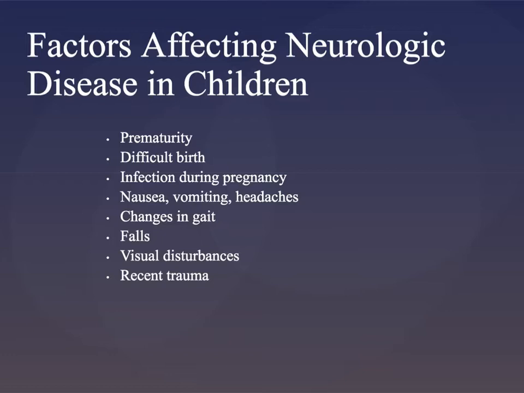Signs that we would see that maybe mean we have a neurological disease would be nausea, vomiting, and headaches, changes in gait. Falls, if we've had head trauma, or a child that's falling frequently could give me a sign that something is going on if they've never fallen before. And they're starting to develop visual disturbances that are unusual.